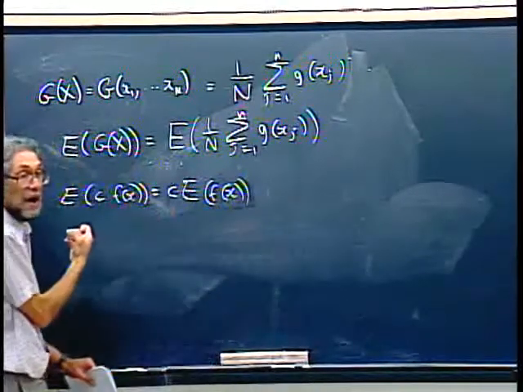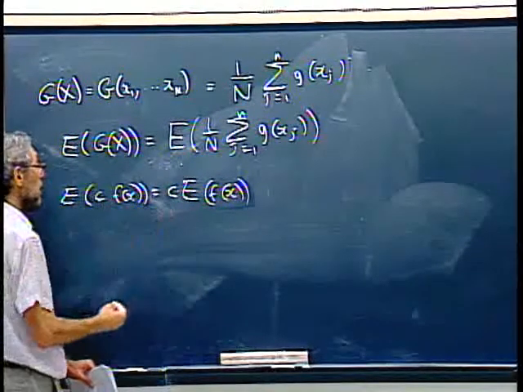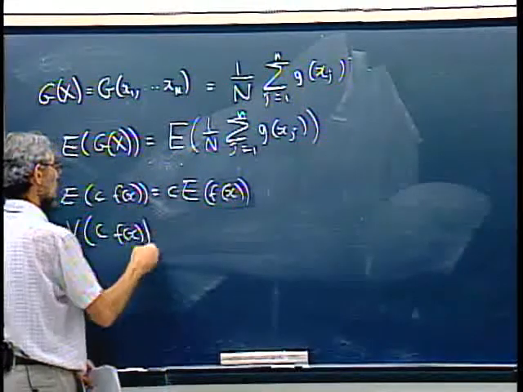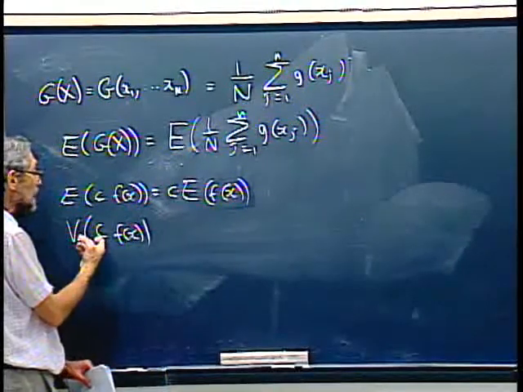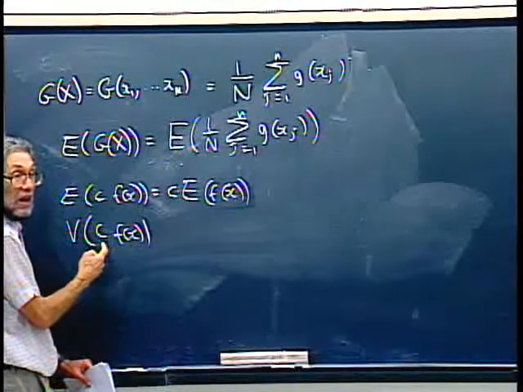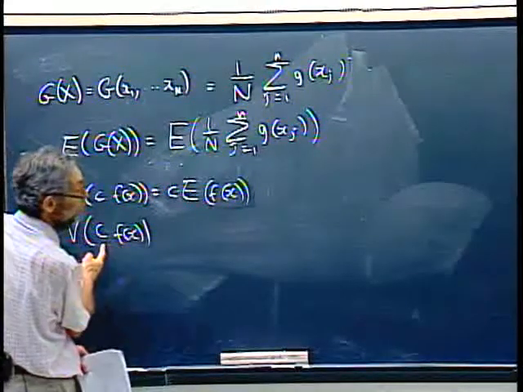Again, that's just taking the constant out of an integral, because the expectation is an integral. And what about the variance of a constant times a function? Well, that integral has things squared in it.